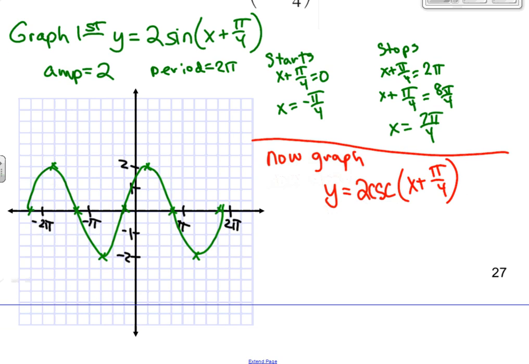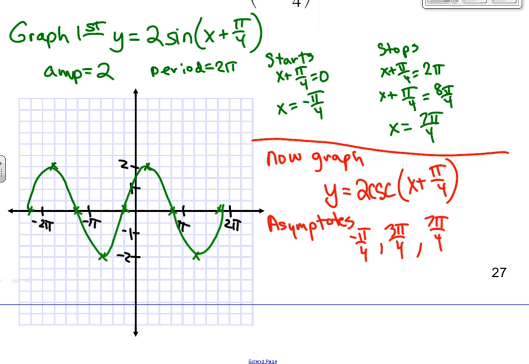For this one, I want to look at where my asymptotes are. And they are where the function that's currently graphed is equal to 0. So I'm going to start with negative pi over 4, and then I've got 3 pi over 4, and then what would that be? 7 pi over 4.